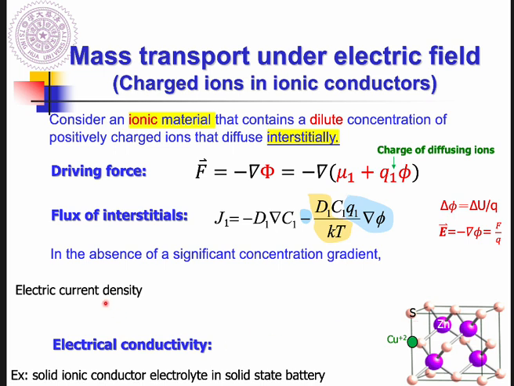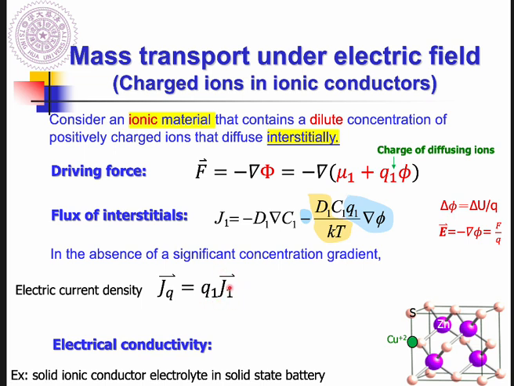The electrical current density of this material after I apply an electrical field equals the charge this ion carries times the atomic flux of these interstitials.